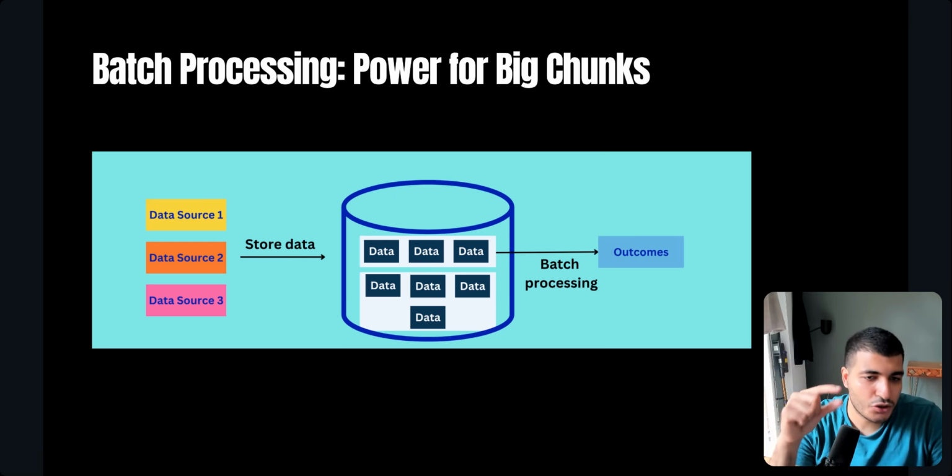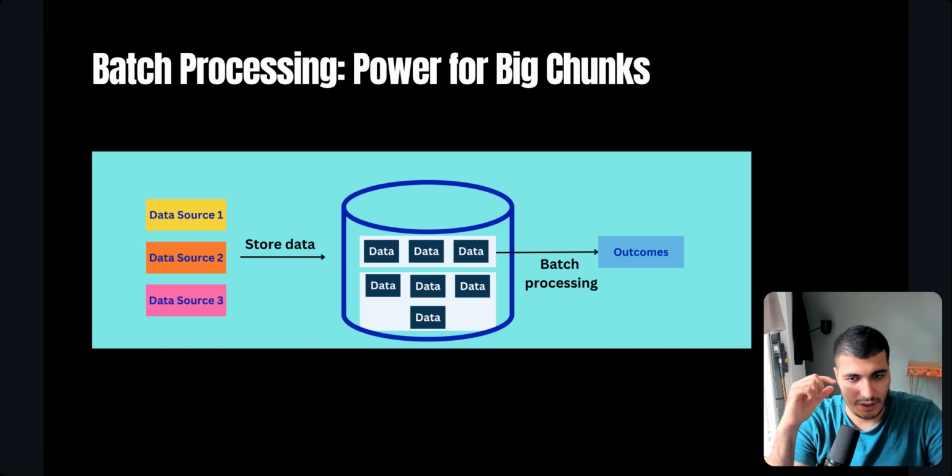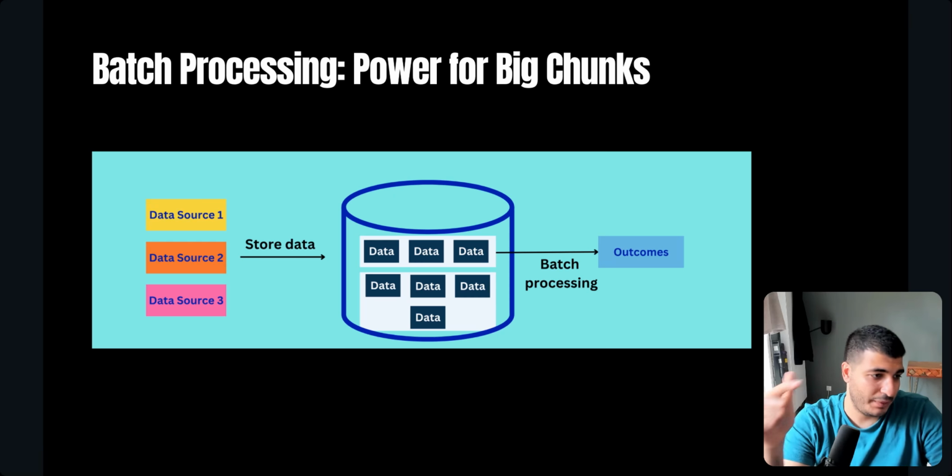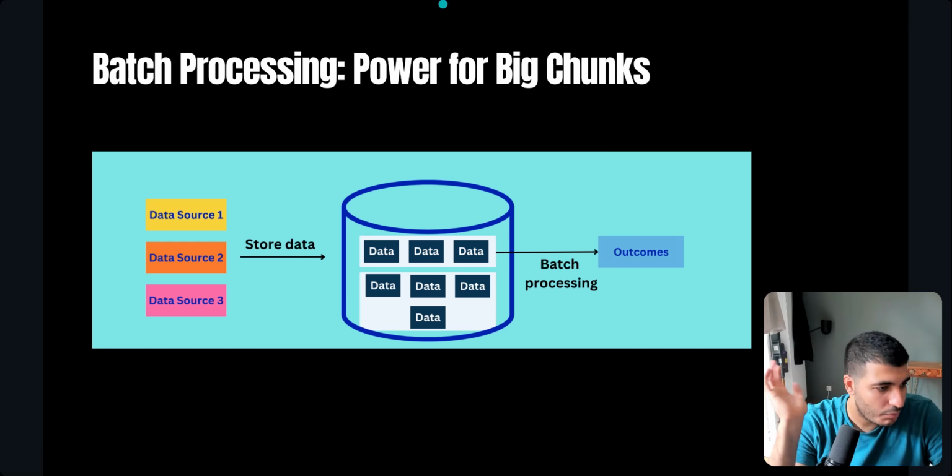You can utilize cheaper commodity hardware, and processing can be scheduled during off peak hours. Number three, it has simpler logic, often easier to design and debug as you are working with a fixed dataset. Number four, fault tolerance. It's easier to restore or rerun failed batch jobs from a known point.